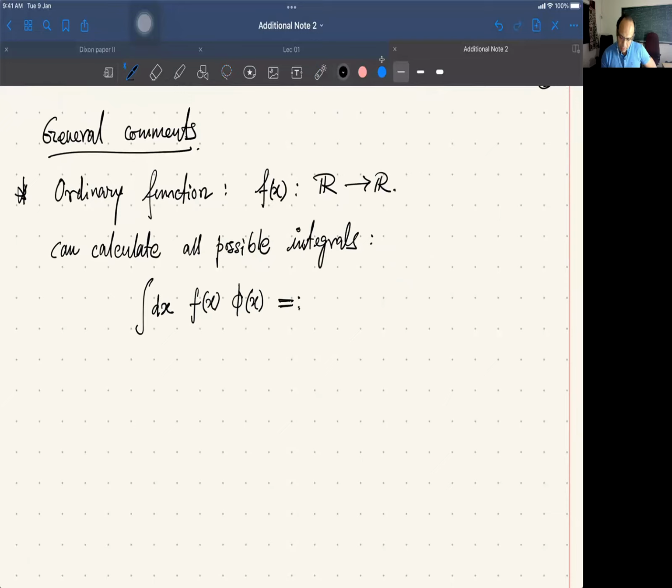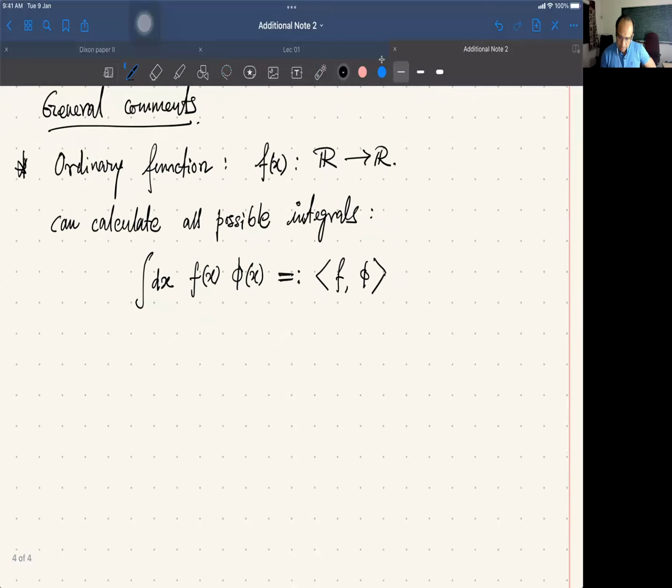Let me define that to be an inner product between f and phi. It's like an inner product, and you can view this as the inner product.